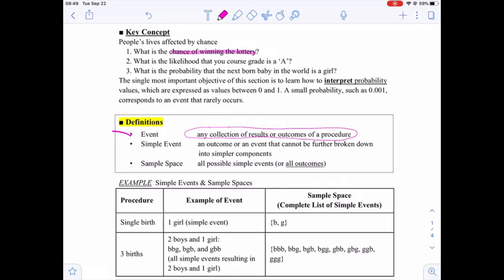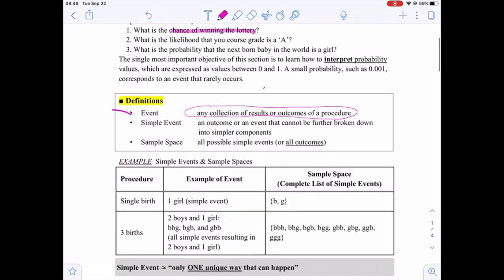For example, if the experiment is about rolling a die, then the outcomes, in set notation, are 1, 2, 3, 4, 5, 6.